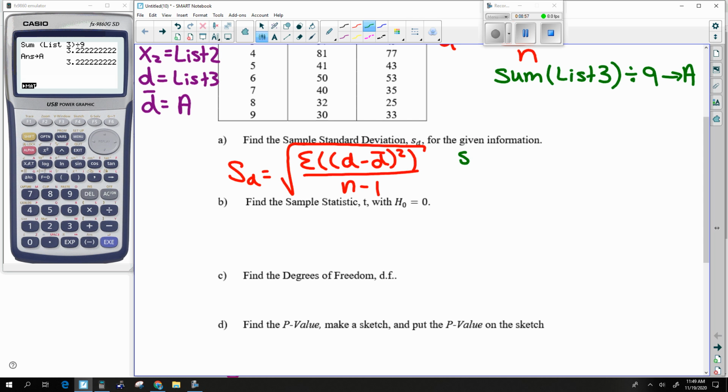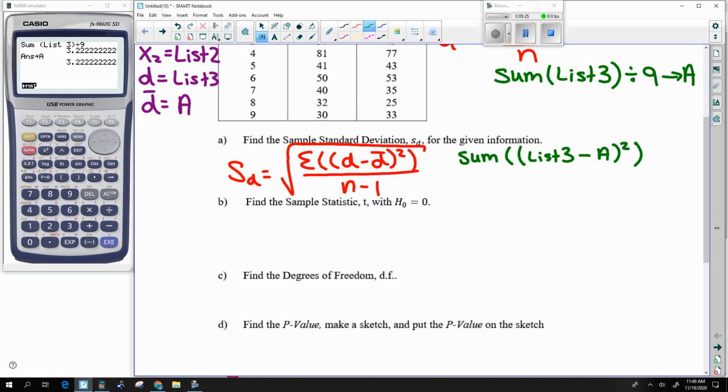So that's going to be the sum, open, D, which is list 3, minus D bar, which we stored as the letter A, closed, squared, closed. Okay, that's how I start that process, is I get that numerator.